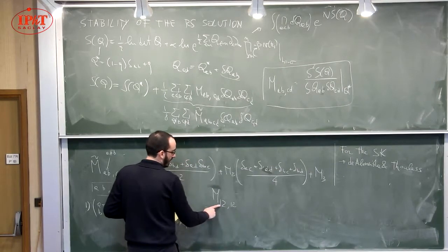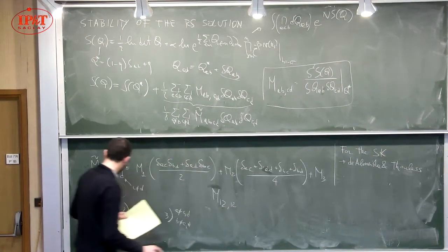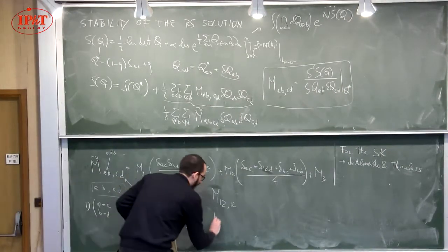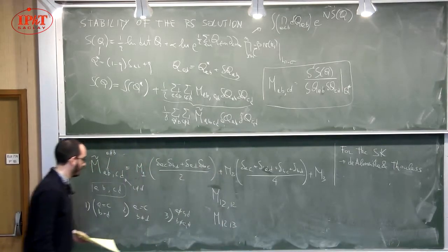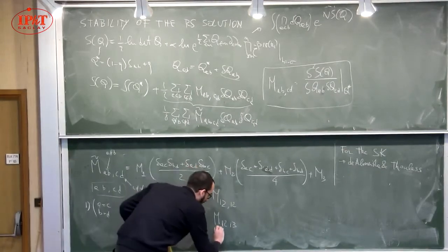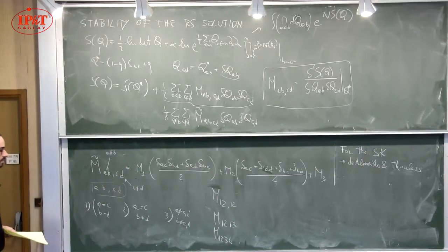So you say that A and C are equal to 1, and B and D are equal to 2, and you are just realizing this situation. Then you have M 1, 2, 1, 3. And you have this situation, and then you can compute M 1, 2, 3, 4.